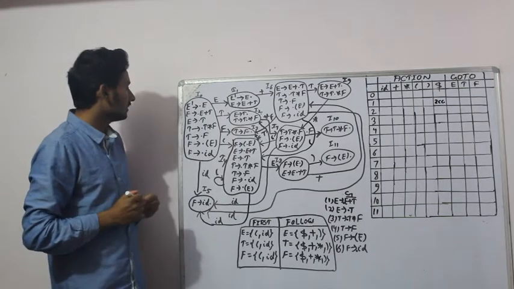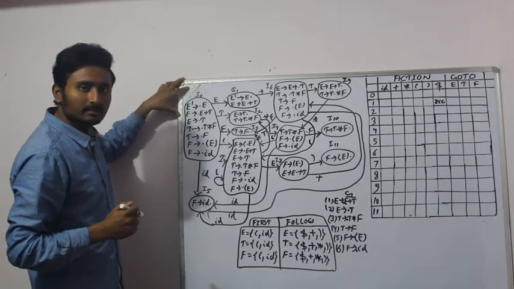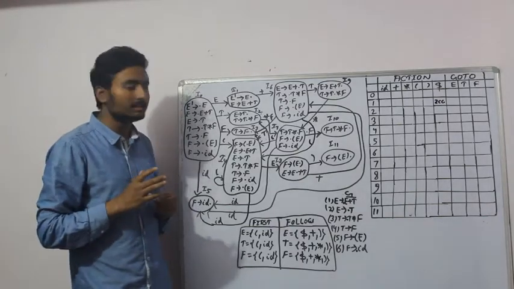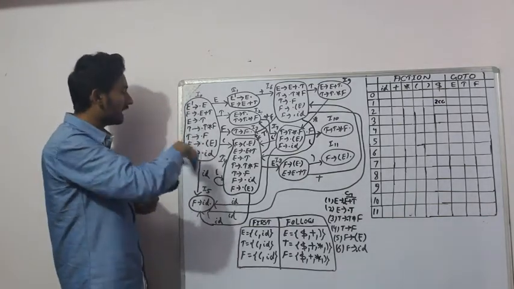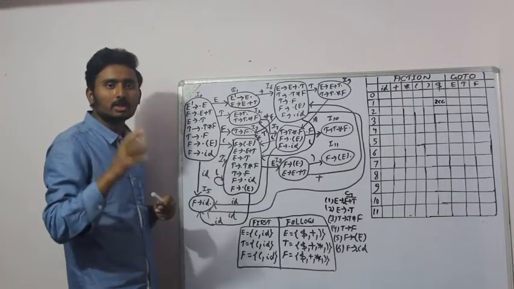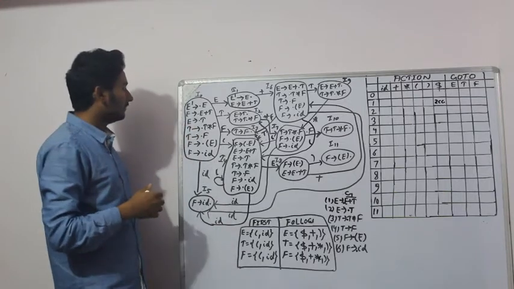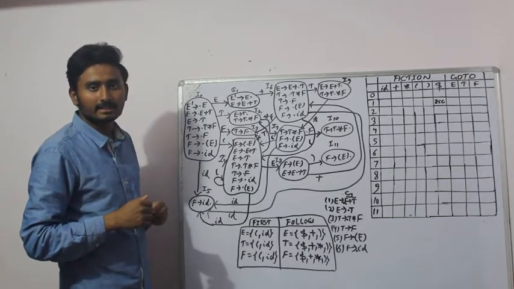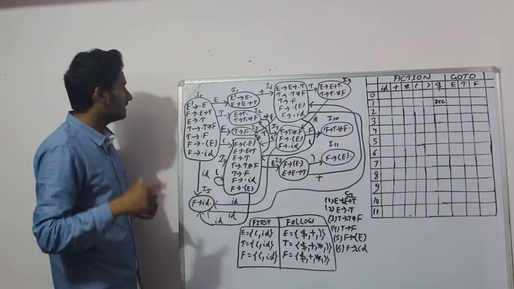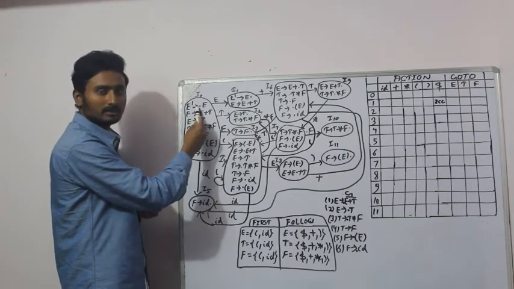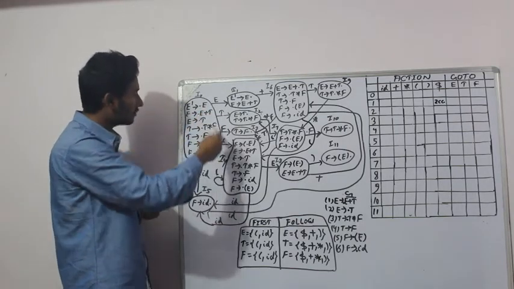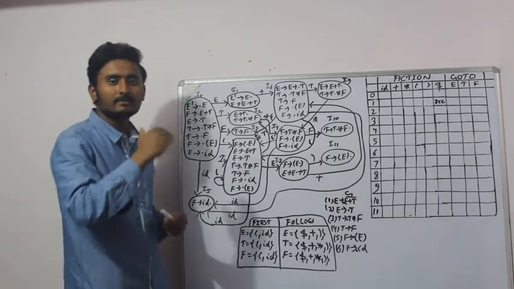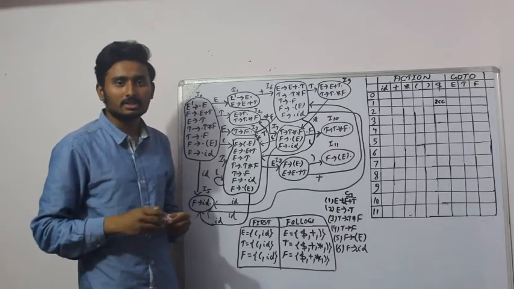Now in I0, friends, in any state we have to see whether any production has already scanned all of its right hand side. If the dot is present at the rightmost side of any production, it simply means that we have successfully scanned that entire production.